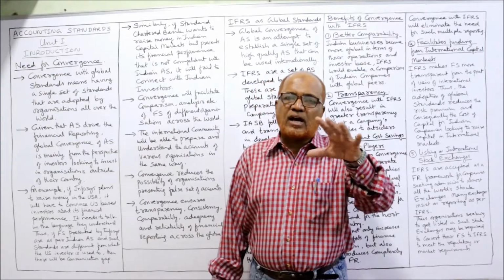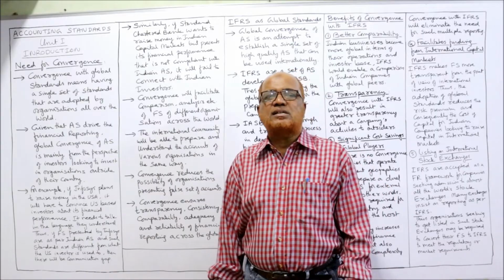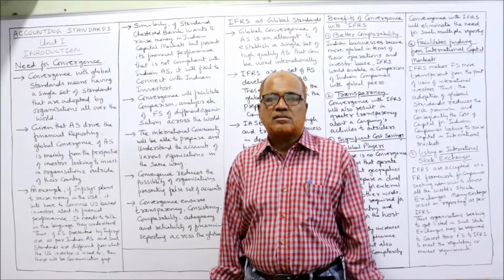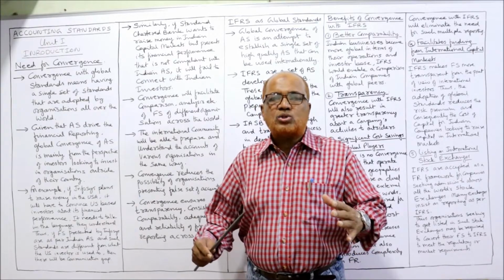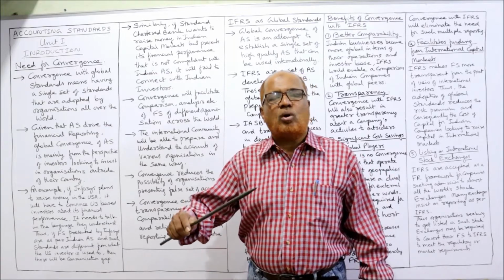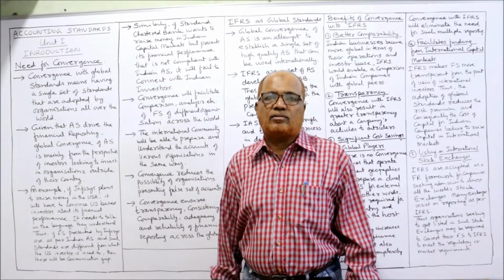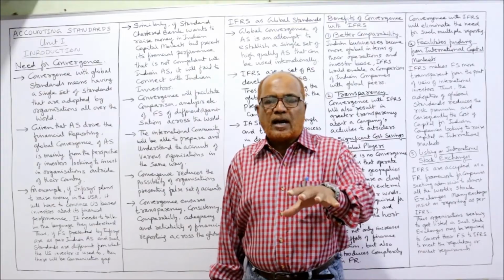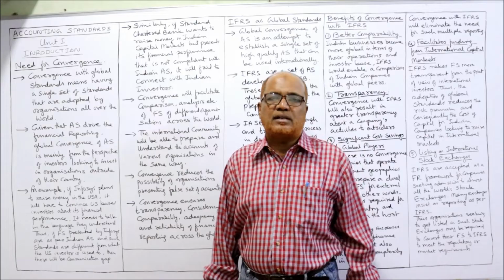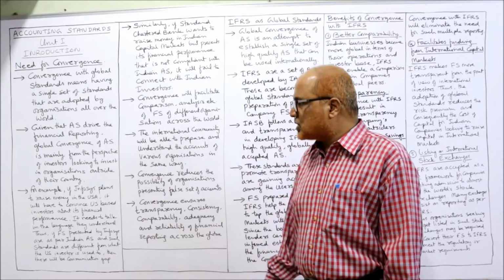The importance of convergence of accounting standards will be more on account of investors. Investors want to invest not only in their own country, but also in other countries. So global accounting standards will be helpful in making the financial statements.